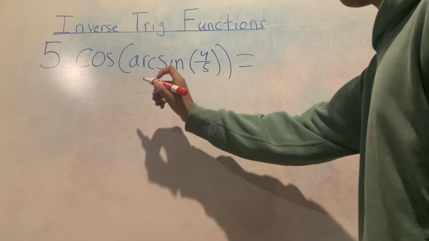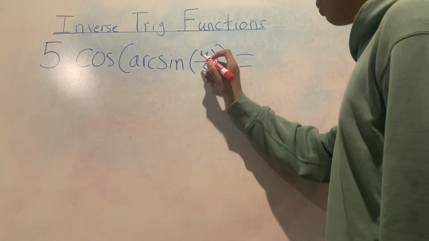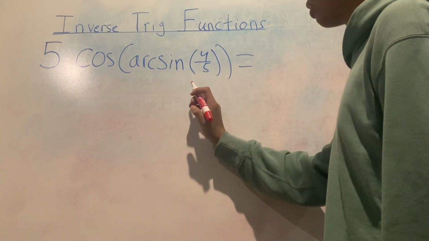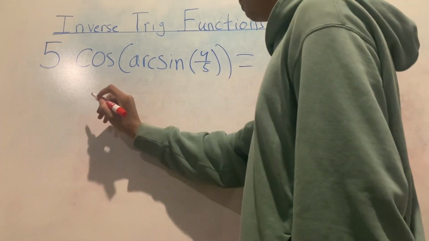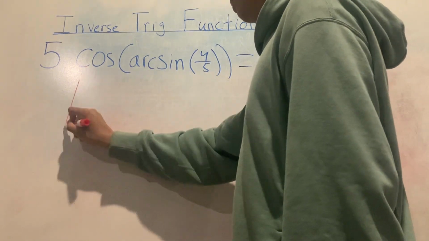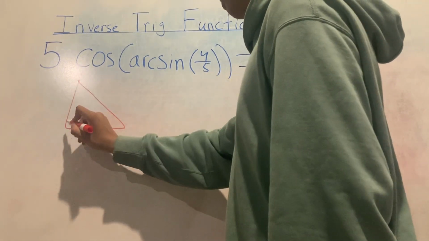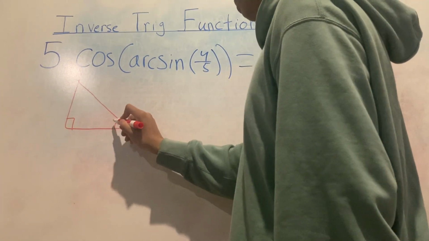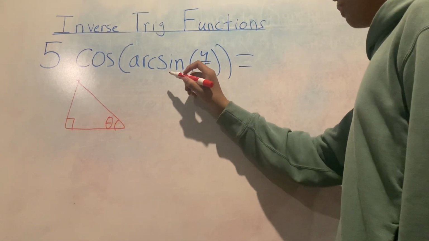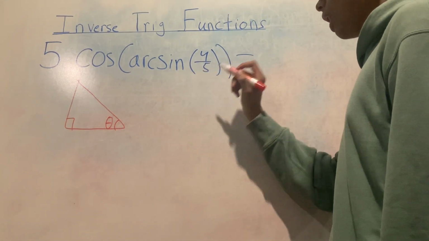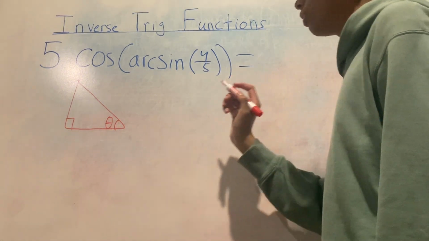Okay, so number 5, we have arc sine 4 over 5 inside the cosine function. So let's start off by drawing the triangle first again. Alright, and this is theta. We're given that sine is 4 over 5, and sine is opposite over hypotenuse.